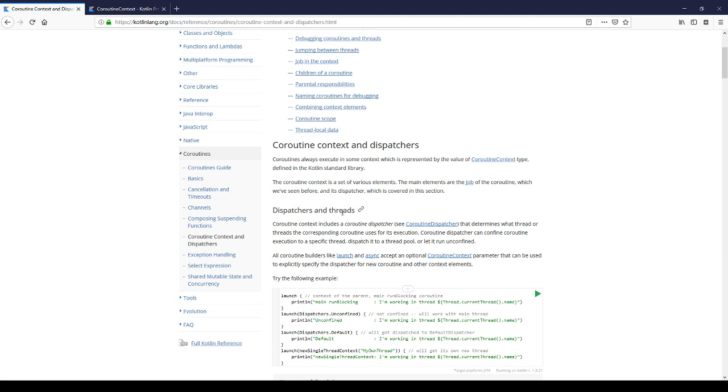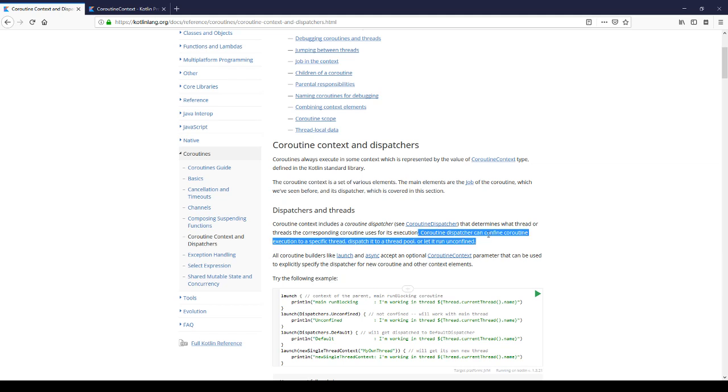So, dispatchers and threads. Coroutine context includes a coroutine dispatcher that determines what thread or threads. Oh, so it could be plural. What thread or threads the corresponding coroutine uses for its execution.